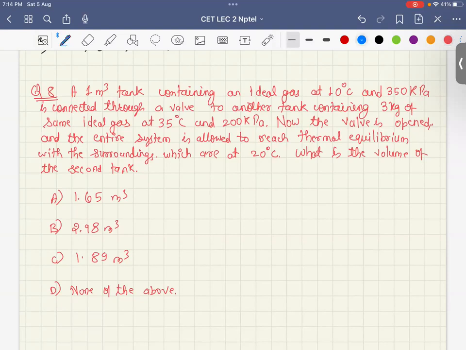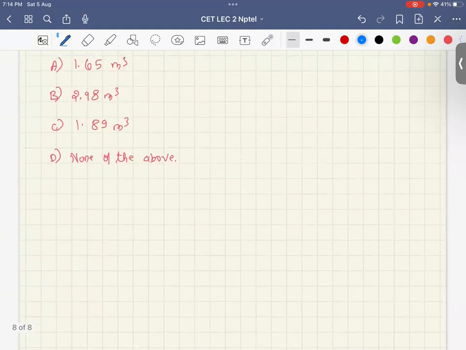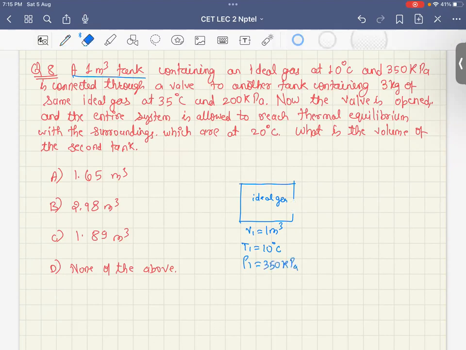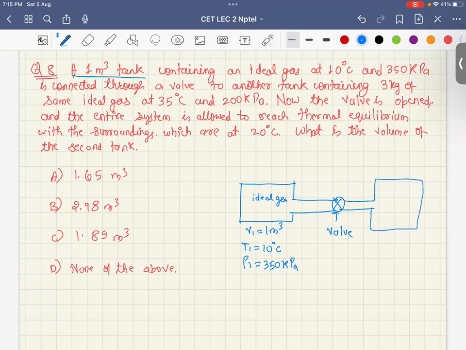What we basically have is one tank which has a volume of 1 meter cube. So we have a tank, right? It has a volume of, let's say, V1 is 1 meter cube. It contains an ideal gas and temperature is 10 degrees centigrade and pressure is 350 kPa. Now this tank is connected to some other tank where this is a valve. And initially this valve is closed.